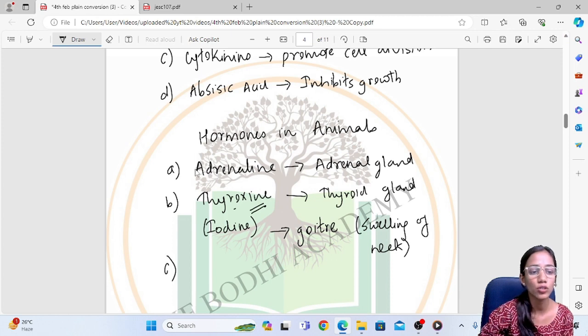And now the last hormone is the growth hormone, which is produced by the pituitary gland.